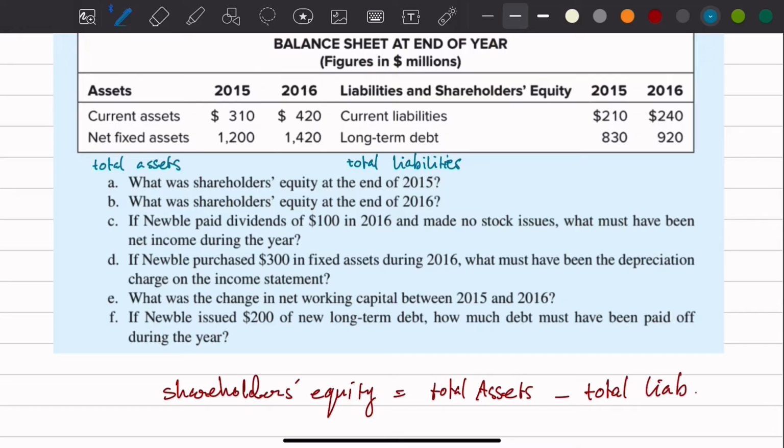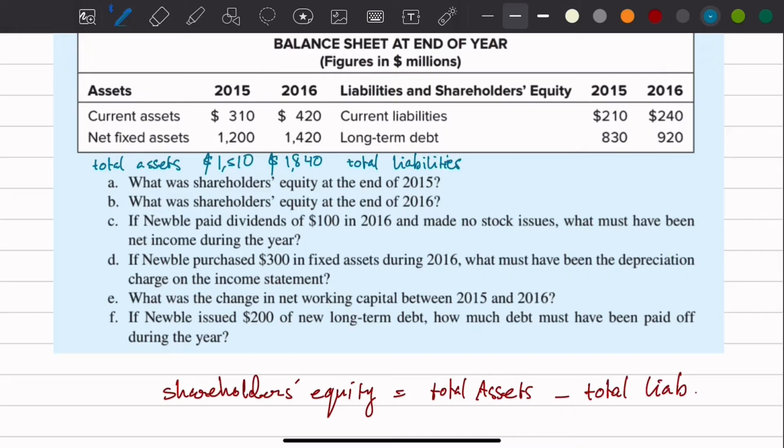Again, the figures here are in millions, but I will just keep them as they are for the sake of efficiency. So for 2015, current assets 310 plus 1,200, and that's a total of 1,510. For 2016, that's 420 plus 1,420, and that will be 1,840.